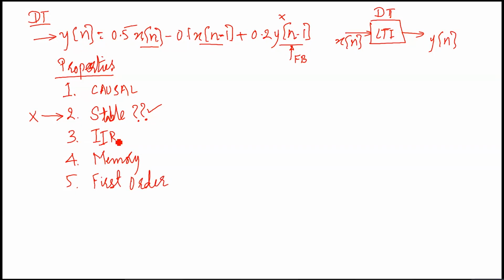So many things we can just say about the system just by looking at the difference equation. And similarly, for continuous time also, we may have an equation given to us, and looking at that equation, we may be able to give certain properties of the system itself.